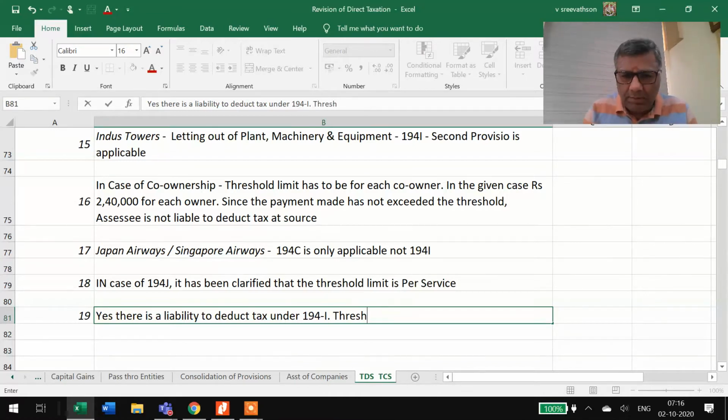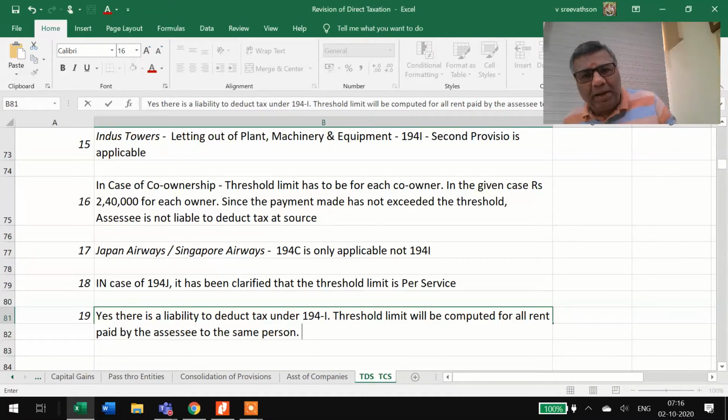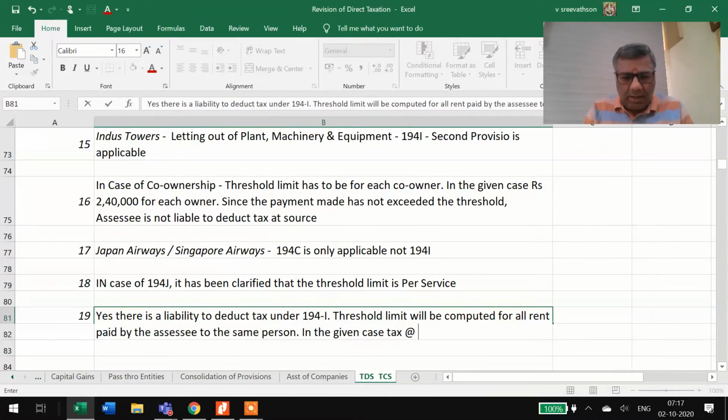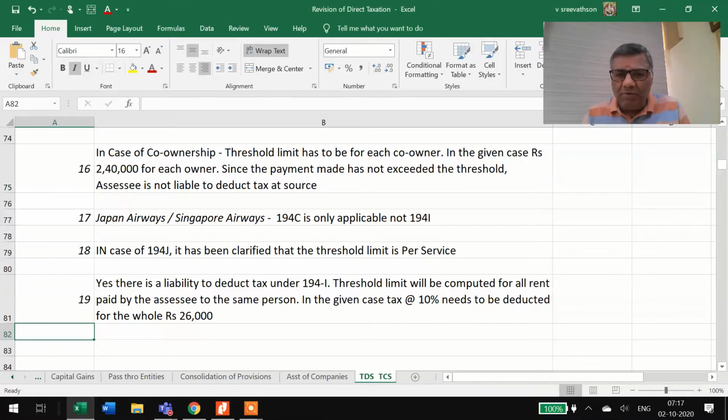Threshold limit will be computed for all rent paid by the assessee to the same person. It is not per hire charge, it is for total hire charges, all the rent that are paid. So in the given case, tax at the rate of 10% needs to be deducted for the whole rupees 26,000.